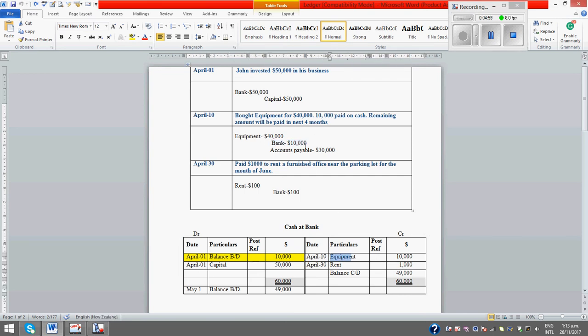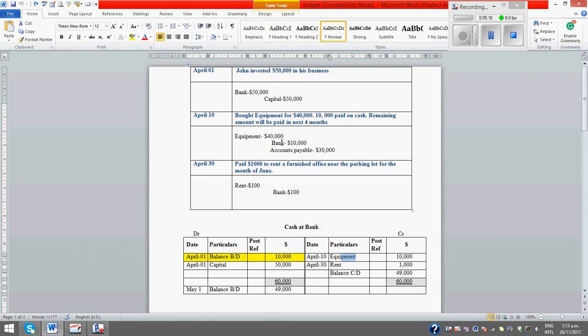So you write equipment, but make sure you write $10,000. Please don't write $40,000. Your bank is credit, so you write the amount and then you look for the opposite entry.